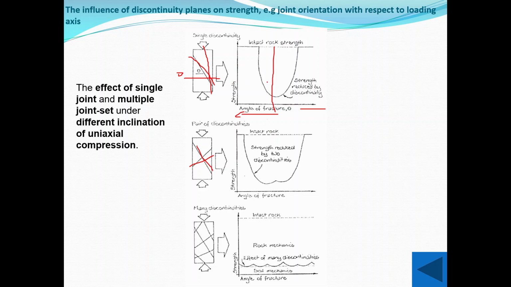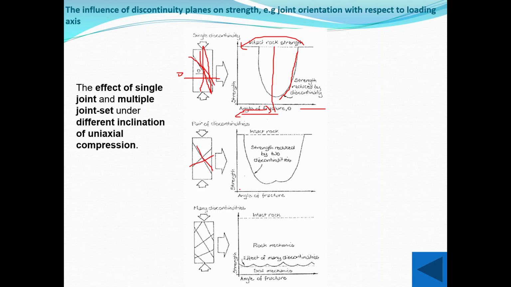In case 1, with increasing fracture angle up to about 45 degrees, the strength is reduced. After that, the strength increases as the fracture angle goes up to vertical, back to this position. If we have a pair of discontinuities, the reduction in strength is quite significant.